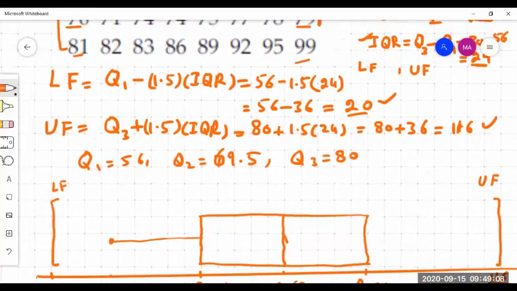So this is the largest value, 99. There is no outlier, since 99 is less than 116, so 99 would be somewhere here. Again, mark this point here, and then this is the whisker, so right whisker and left whisker.